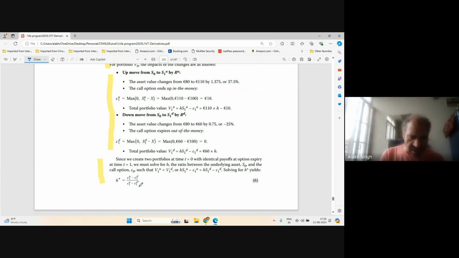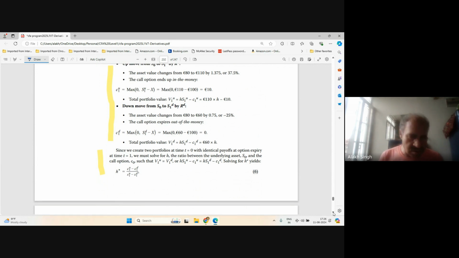And S1D was how much? 60. So 110 minus 60 is 50. So our H should be 0.20. It means 20% of the asset S0 will be purchased to have this, when the call will be sold. So that is what it is.